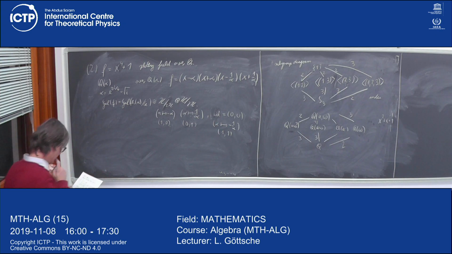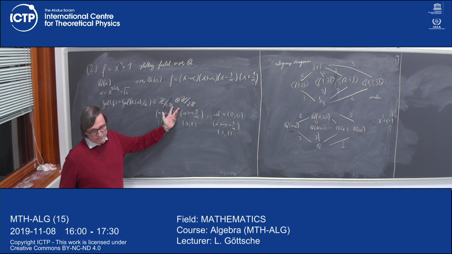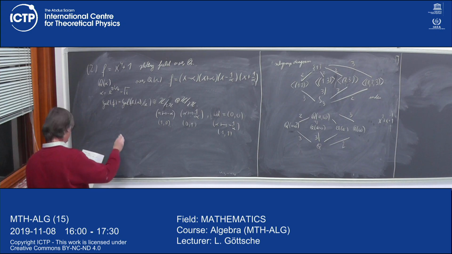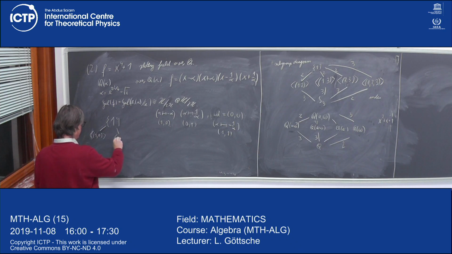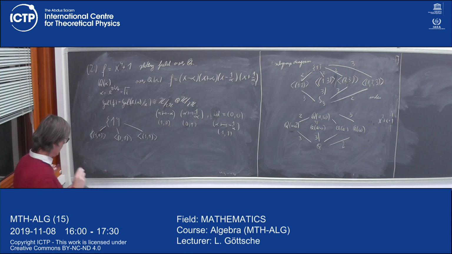Okay, now we can look at the corresponding diagram. So this is an abelian group, so it's very easy to see what the subgroups are. It's just the subgroups generated by elements, so we have here the identity element, then the subgroup generated by (1, 0), that by (0, 1), and that by (1, 1), and then we have the whole group.